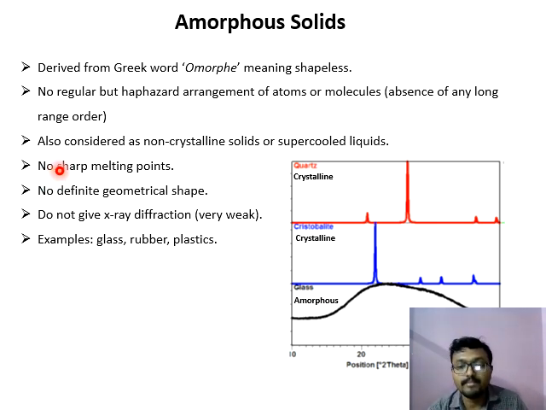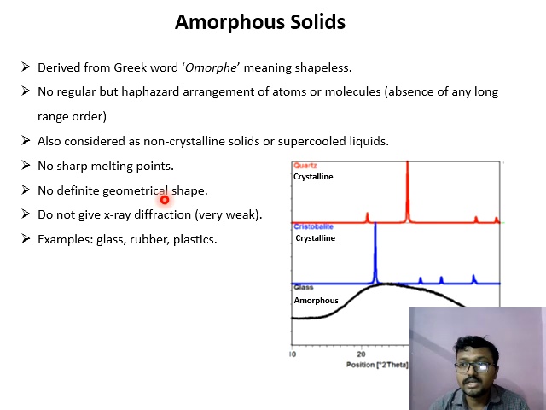It starts melting at some particular point, and that melting point changes during melting. Let's say it starts melting at 150 degrees Celsius, and it completely melts at 155 degrees Celsius. So this 5 degree is the change in the melting point. It has no definite geometrical shape.